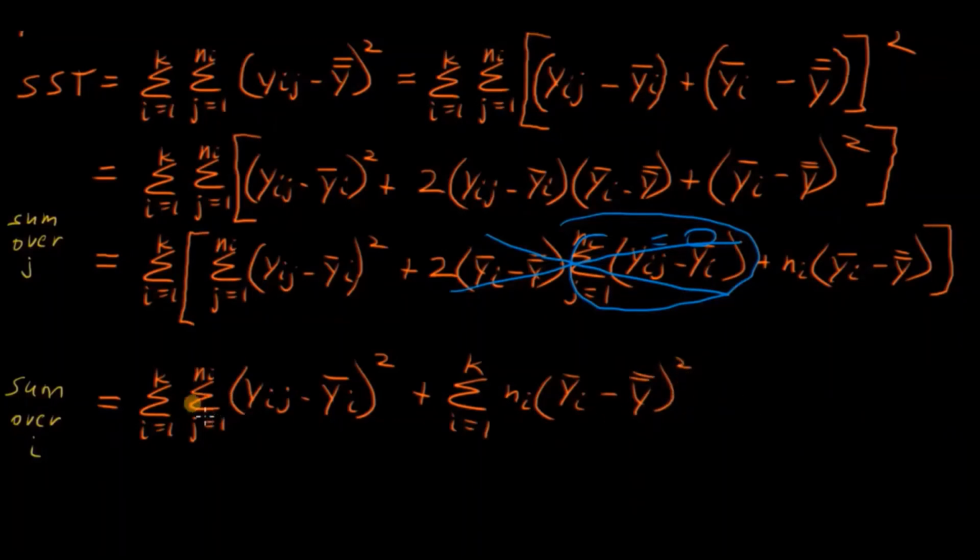And this thing here is the sum of squares within. This is the sum of squares between. And we have proven that SST is equal to SSW plus SSB.